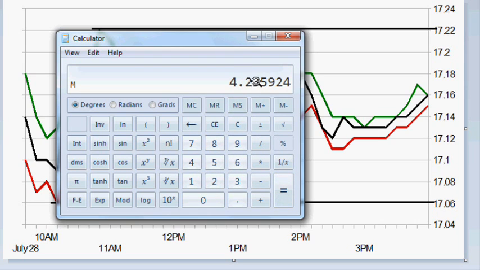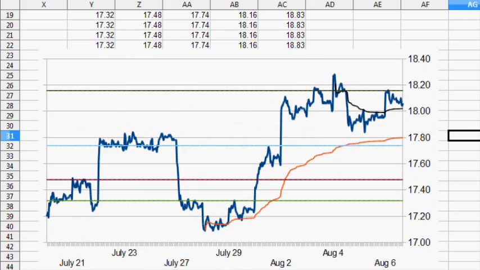There's the 4.236. If we multiply this by its 16 cents, that's going to give us 68 cents on top of 17.06, which will be a little over 17.70-ish.